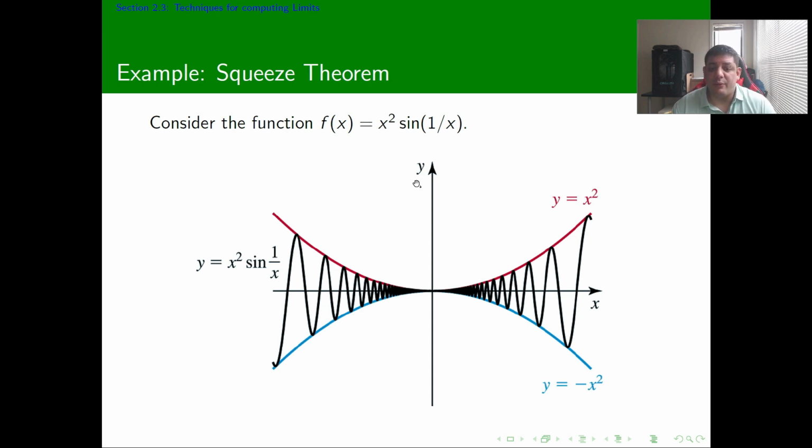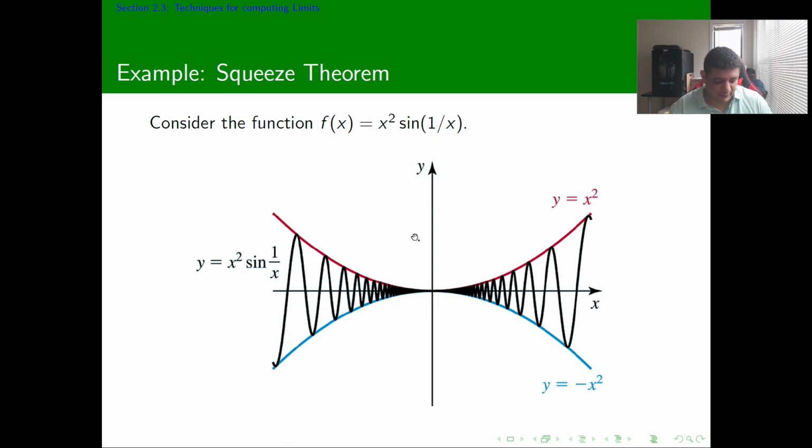Now, what we can see from this situation is that the function x squared sine of 1 over x is going to be bounded by two functions. It's going to be bigger than minus x squared, and it's going to be smaller than x squared. Why is that happening?